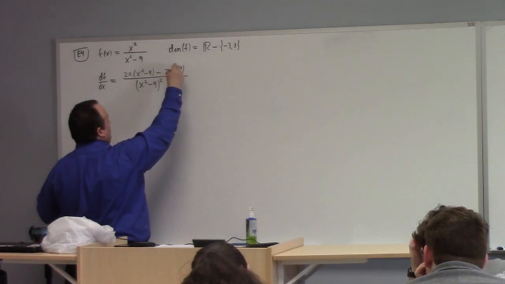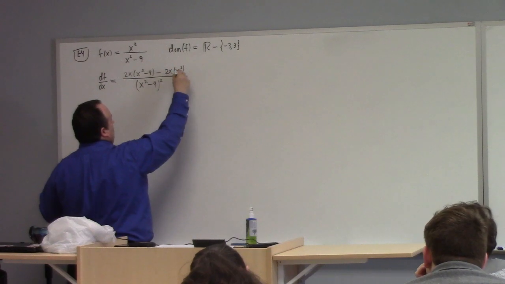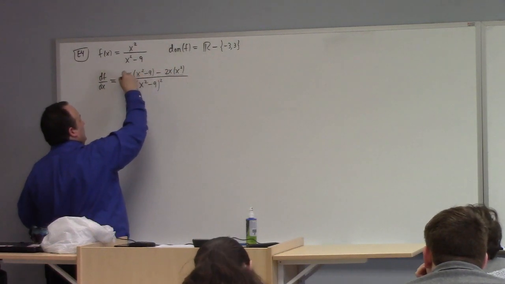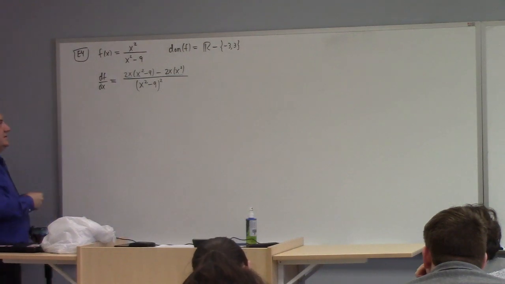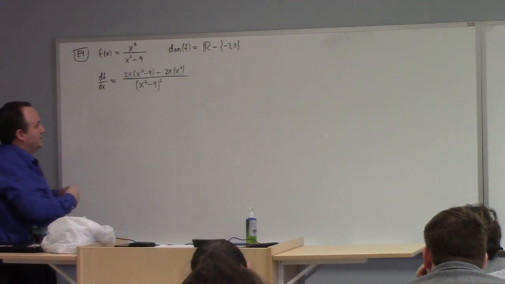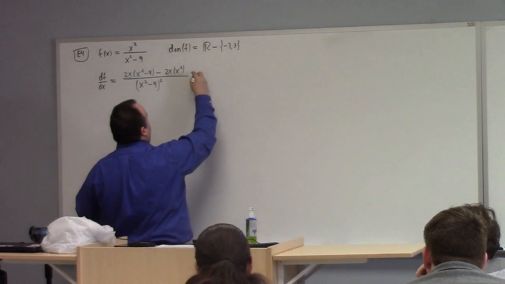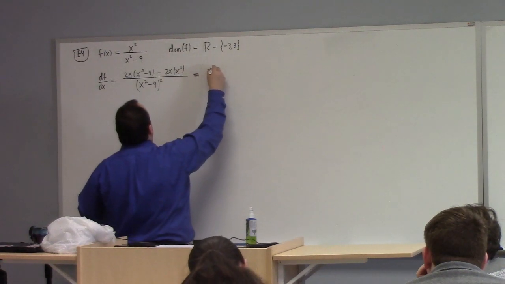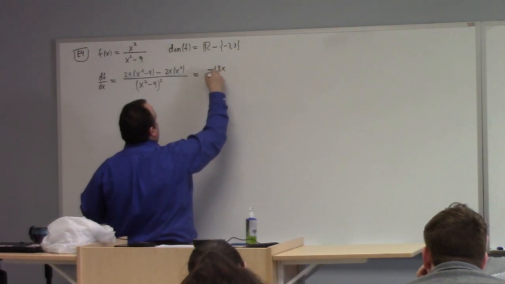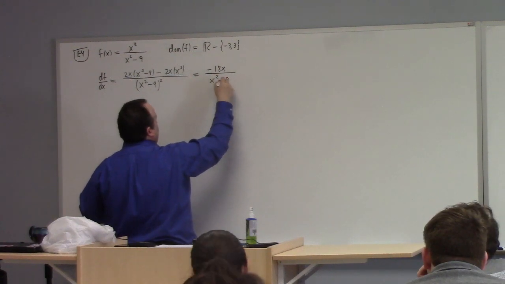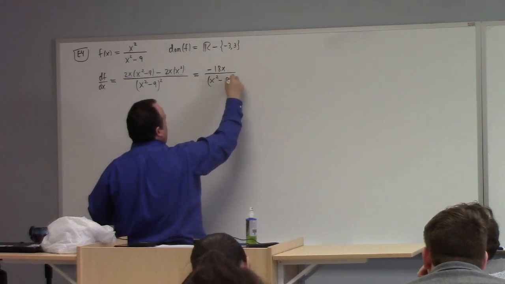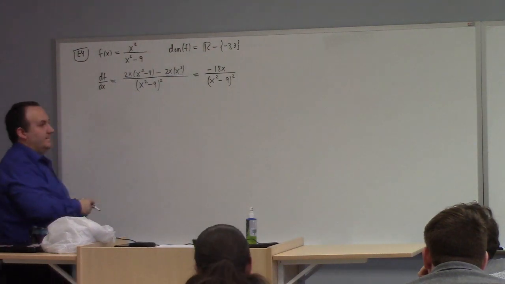We have this term here, and the term that comes from multiplying that and that, they're equal and opposite in sign, they cancel. It looks like we're just left with minus 18x over x squared minus 9 squared. Maybe I made this too pretty. I'm sorry, guys.